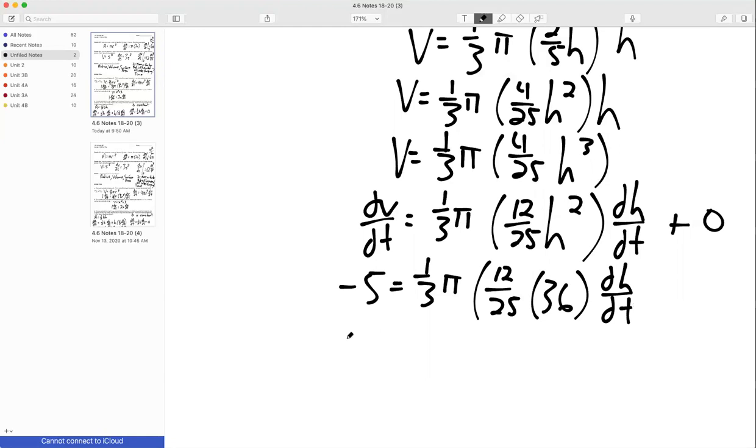So now take your calculator and solve for dH/dt. It has to be negative again, right? Because the height is decreasing as the water drains out. Plug those values into your calculator and solve for dH/dt.